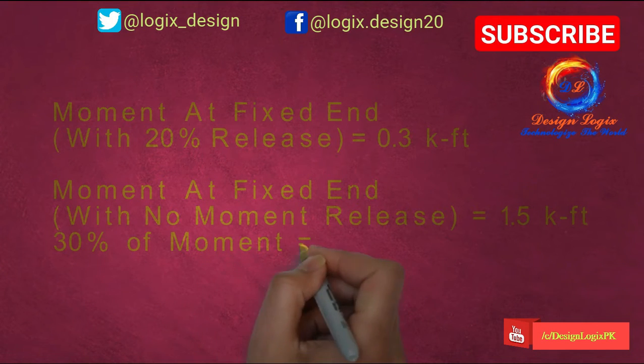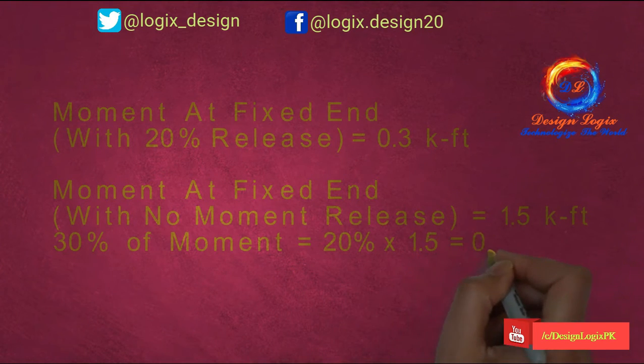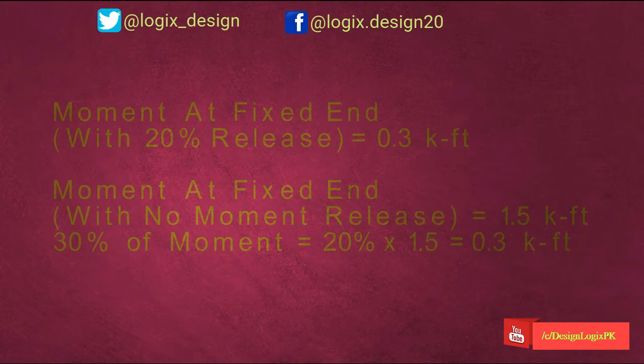Here we mistakenly wrote 30% of moment. It is actually a 20% moment. The 20% times 1.5 is equal to 0.3 kip-feet, which is the same value as we get from the moment at the fixed end with 20% release. So this is how we assign the partial fixed rigidity in the beam.